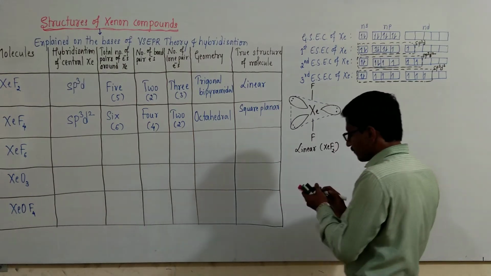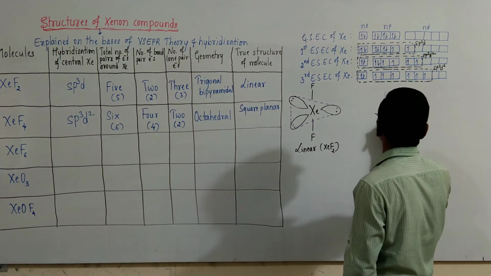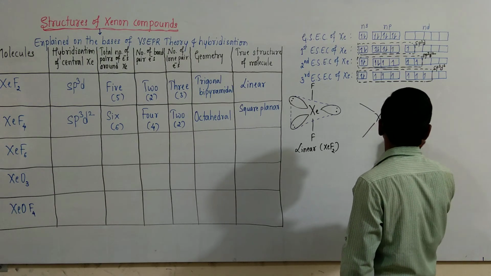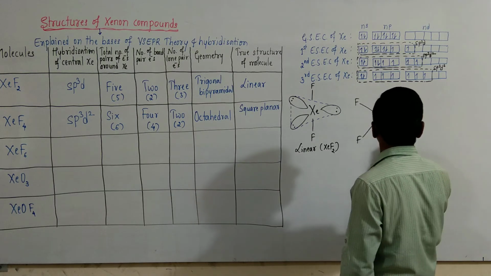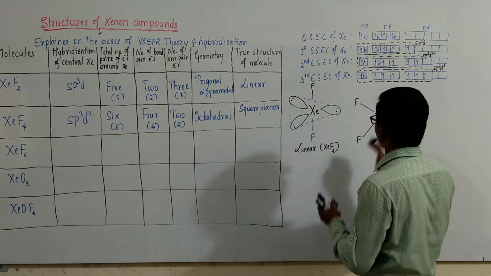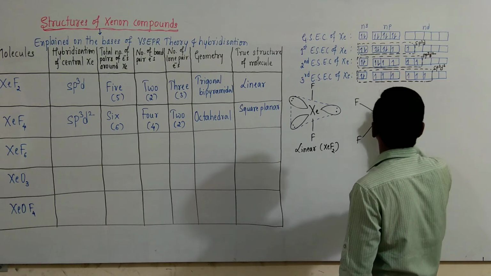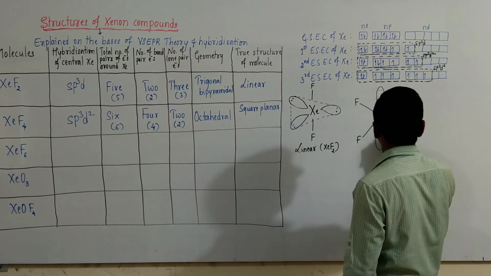And the structure of this is XeF4, and there are two lone pairs of electrons, one above and one below.